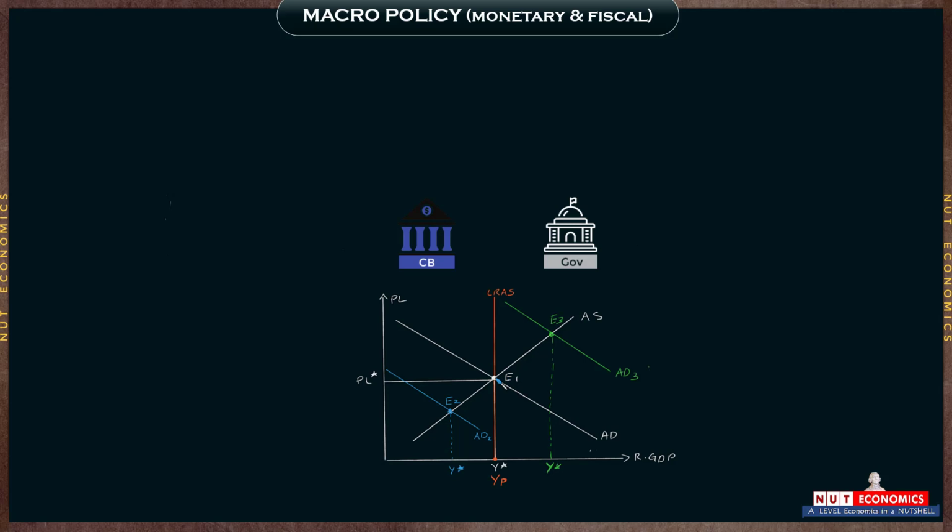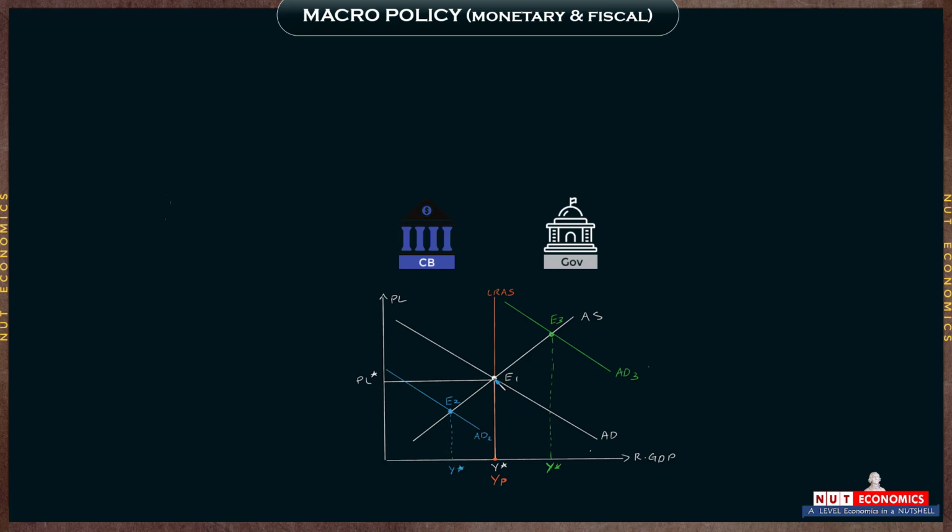That is, starting from equilibrium E1, if the aggregate demand falls, where we say the country experiences a negative demand side shock, the country moves into a recession, falls below potential. Here the central bank and the government will come in and try to push and increase the aggregate demand to take the economy back to E1, back to its potential output, and get it out of this period of unemployment.